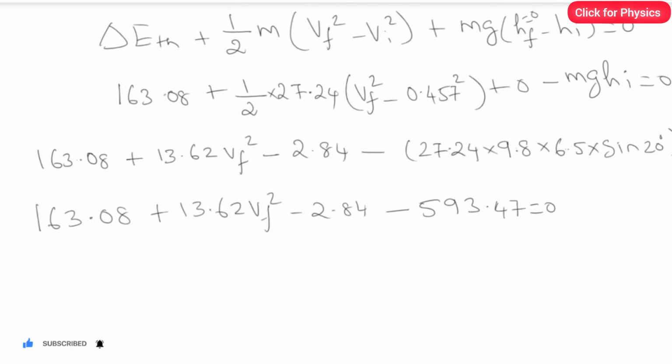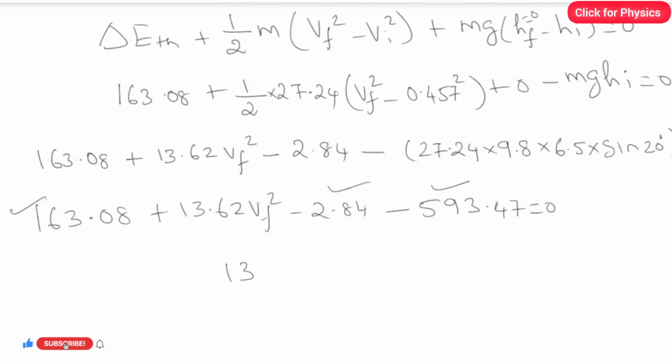Now I have to simplify one more time, because this number we can simplify. So 163.08 minus 2.84 minus 593.47, we got minus 433.23.